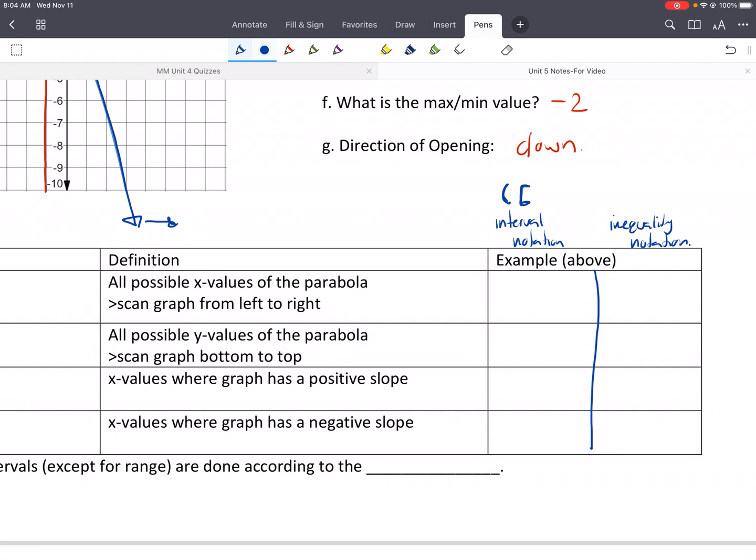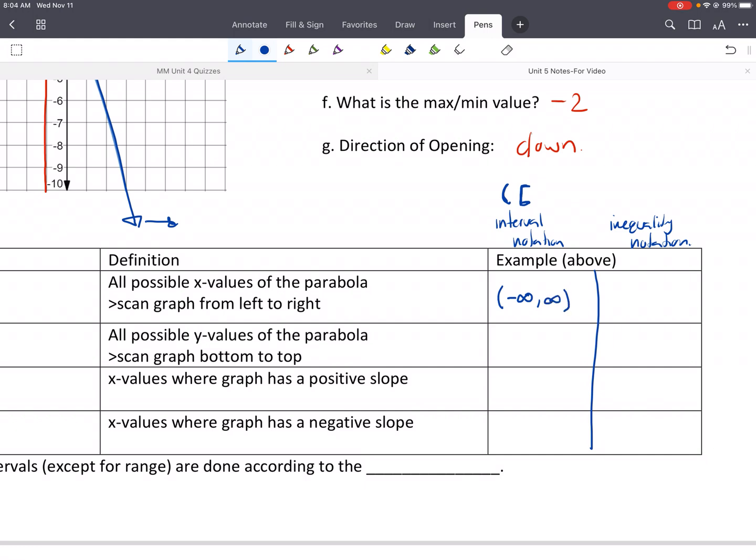So in this situation, all x values start, which I guess never start, but starts at -infinity, because it goes forever in that negative direction, and goes all the way to infinity.